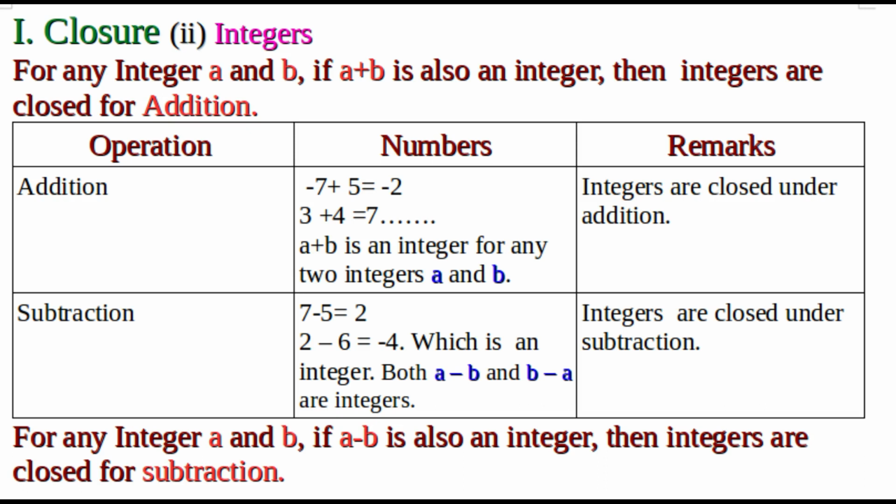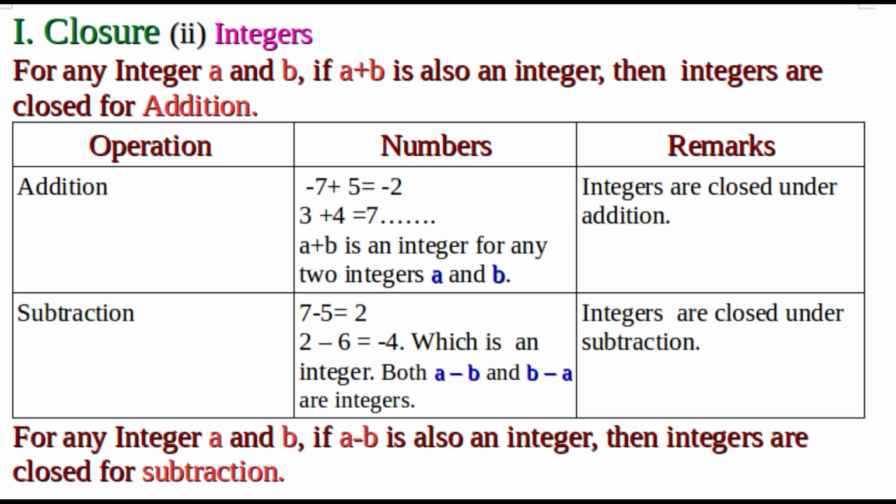Minus 3 plus 8, positive 5. So, if a and b are any two integers, then a plus b is also an integer. Therefore, we can say that integers are closed under addition.